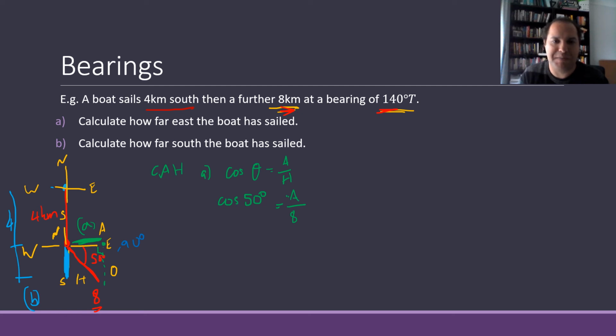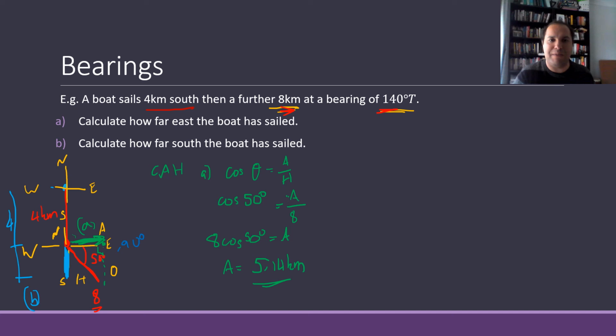Rearranging that by multiplying both sides by 8, 8 cos 50 equals A. So A is going to be 5.14 kilometers. So on this boat trip, they've traveled 5.14 k's east from where they've started.